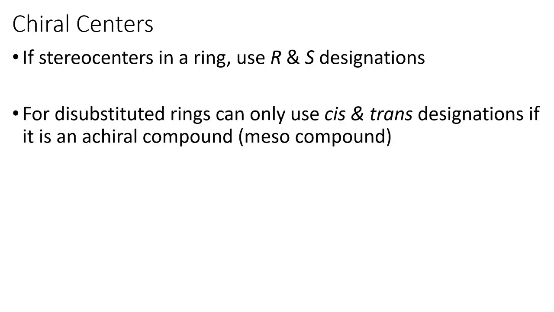For di-substituted rings, we can use cis-trans designation if it is an achiral compound, meaning it is a meso compound, that even though it contains chiral centers, its mirror image is superimposable. Remember, it has that plane of symmetry in it. So if we have a meso compound, we can go back and use that cis-trans designation, but we're only allowed to use cis and trans if it is an achiral compound when it comes to our IUPAC nomenclature.